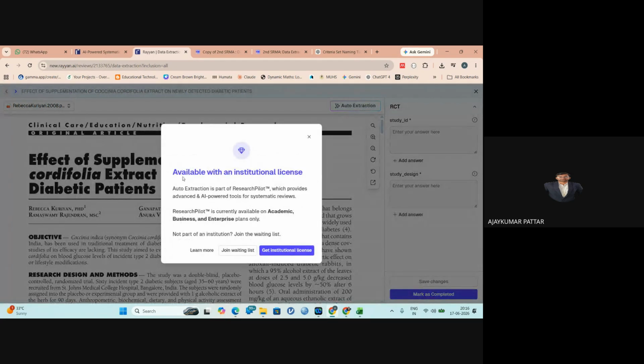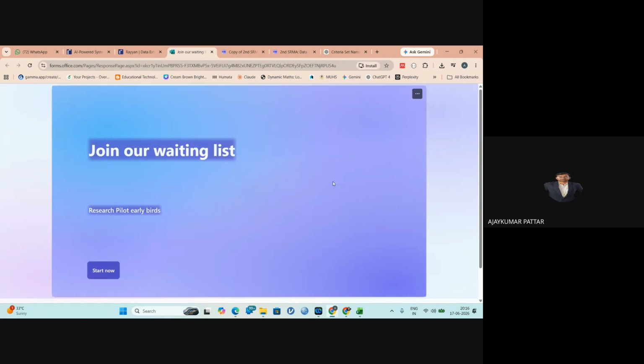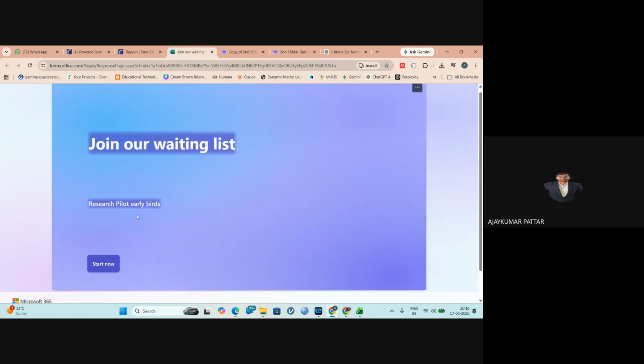So, available with an institutional license. Can you see here, auto extraction is a part of Research Pilot TM. So in the free version it is not available for the auto. So what I will do, I will just join.